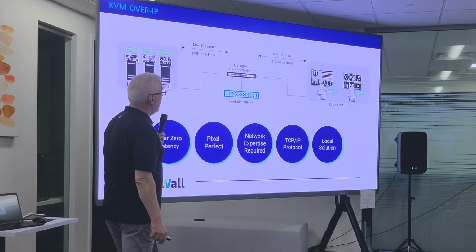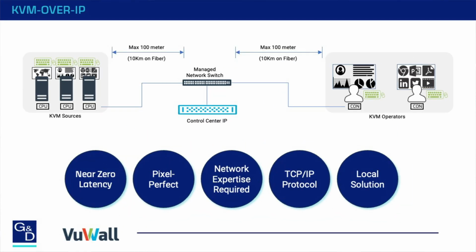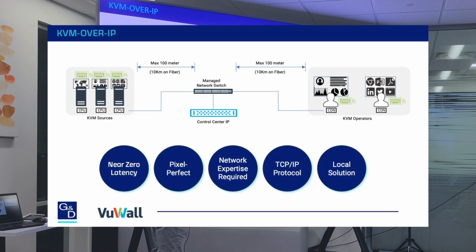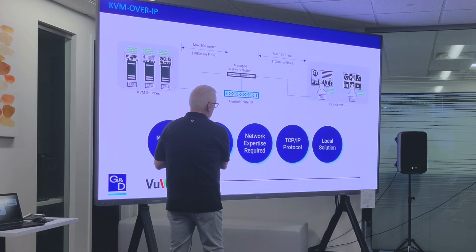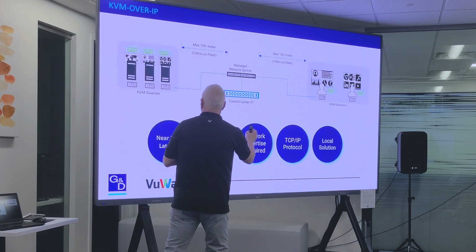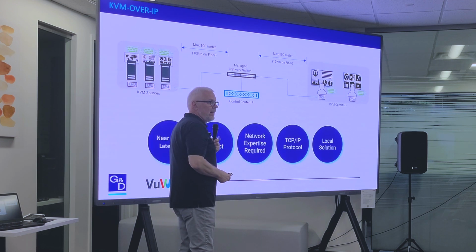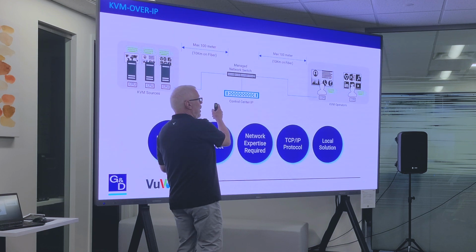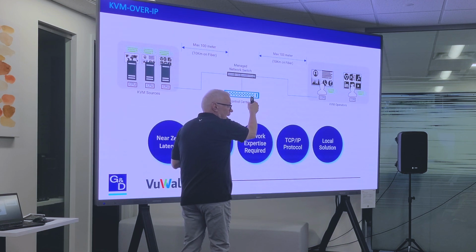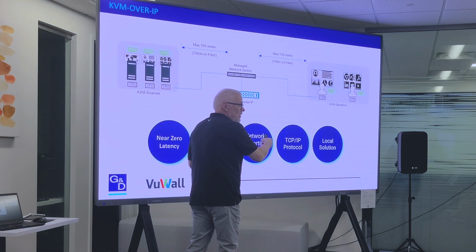So the next solution is exactly the same functionality, but the KVM matrix is replaced by a network switch. All the transmission goes through a networking protocol, but the result is the same: pixel perfect, local solution, near zero latency. The advantage of such a solution is that you don't need to know in advance how many slots you will need, or how many destination slots you will need.